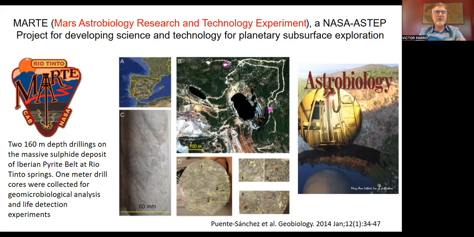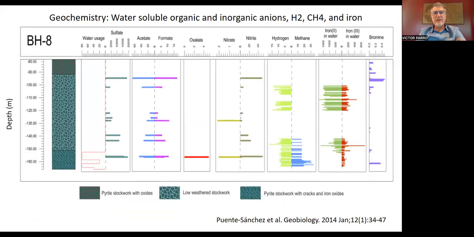Okay, here I can show you the main physical-chemical variables. In that case, geochemical variables we measured in these samples from 80 meter depth, which is the level where the water table was.